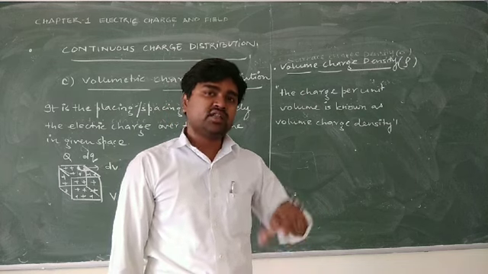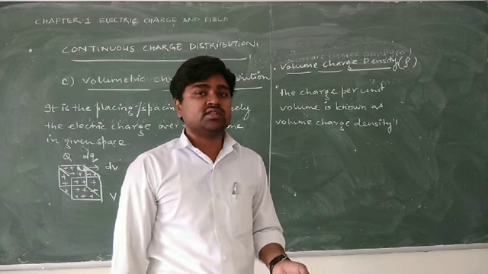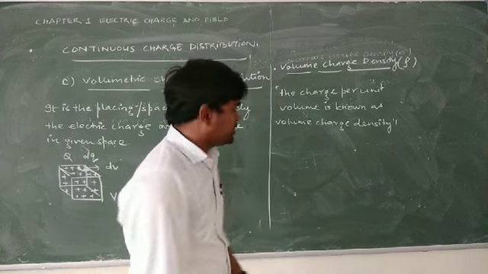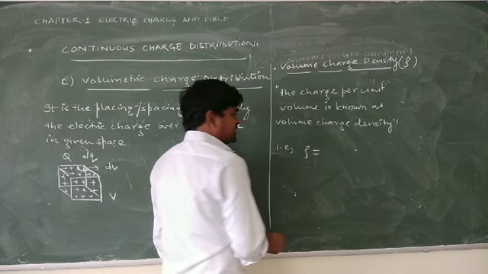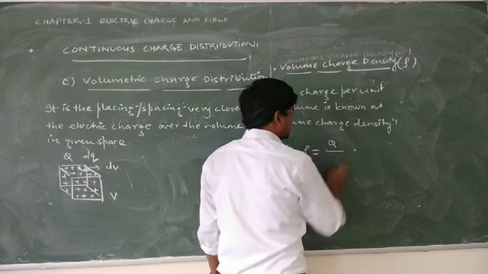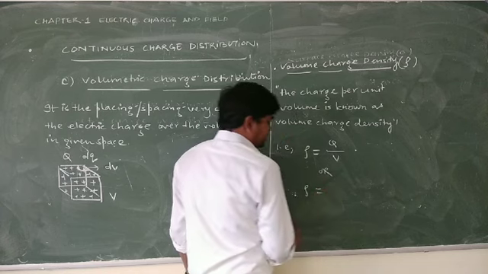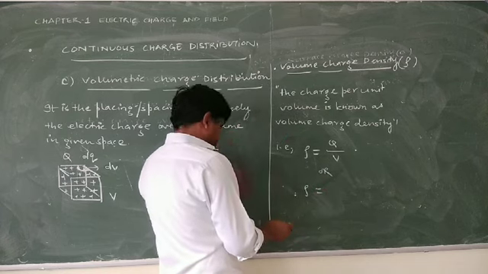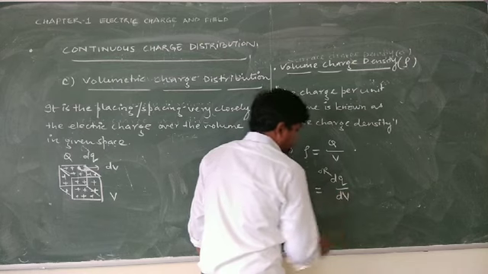So by dividing the total charge by the total volume, we will get the charge per unit volume, right? So the volume charge density will be written as total charge divided by total volume, or similarly rho will be written as small charge divided by small volume.